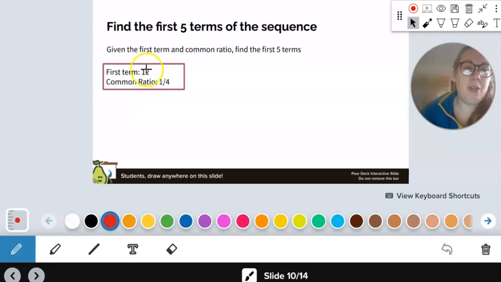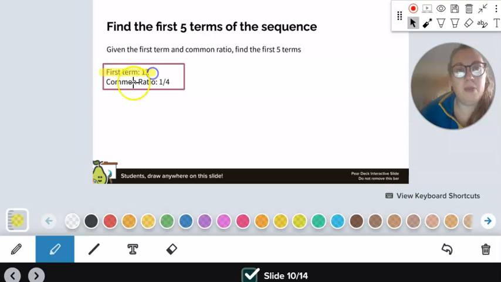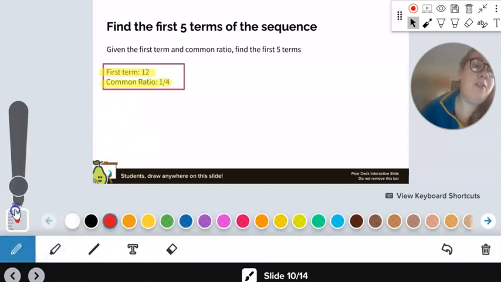Okay, so for this one, we're starting with 12. Our first term is 12, and our ratio is now 1/4. So 1/4 is the same as dividing by 4.